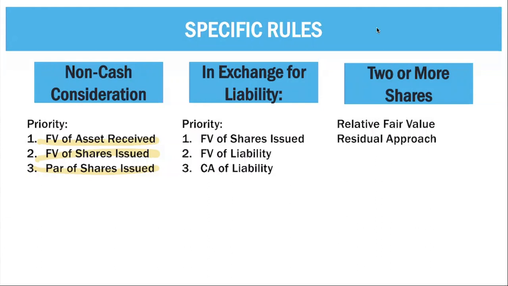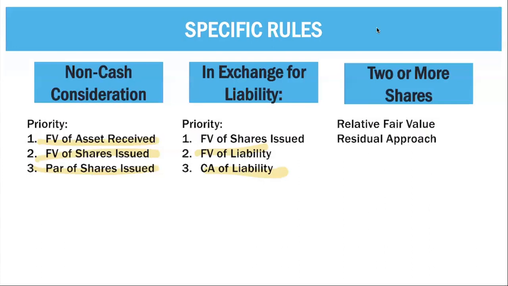If not, carrying amount of liability. So I hope you still remember how do we account for an equity swap. I don't have any problem as to this fair value and carrying amount because I know we just finished that. Okay? So this is just a quick recap on your different rules as to the issuance of shares.